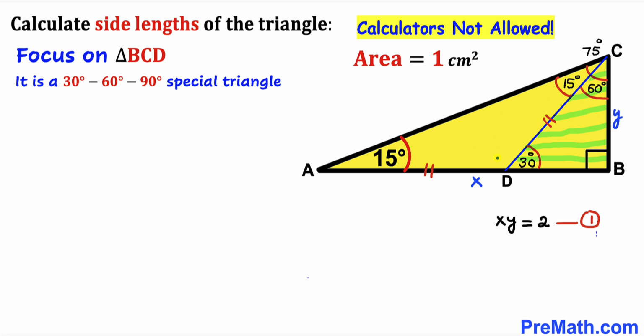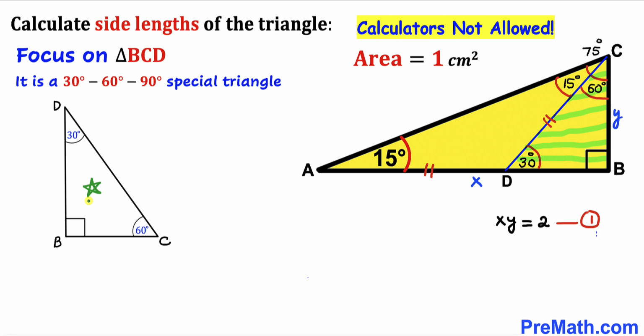Here's our next step. Let's focus on this right triangle BCD, and we can see that this is our special 30, 60, 90 triangle. Here I have copied down this right triangle BCD. Since 30 degrees is our smallest angle, the side opposite to that angle is going to be our smallest leg.